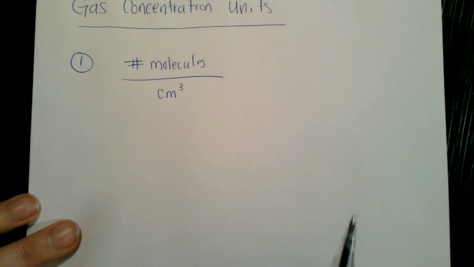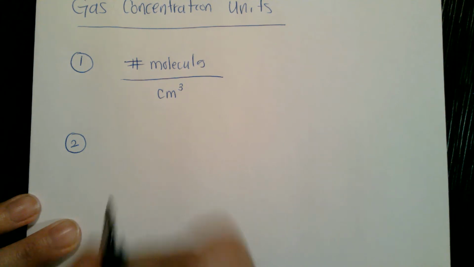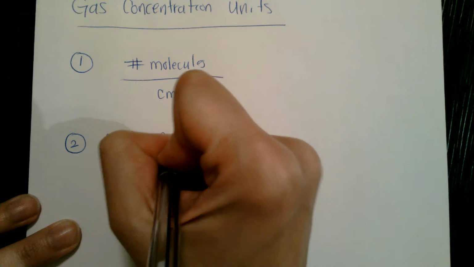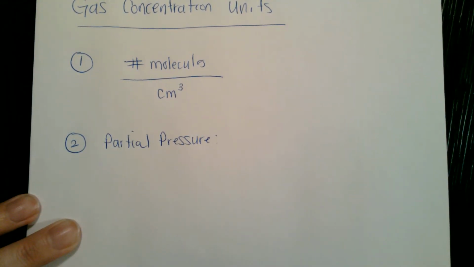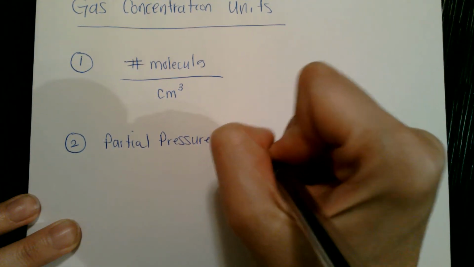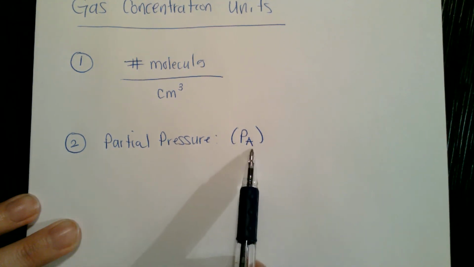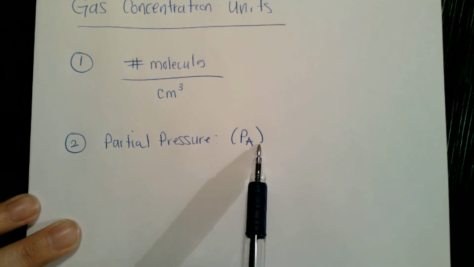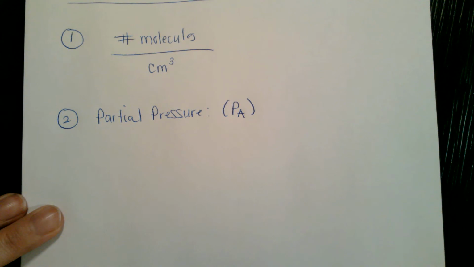Another one that's an absolute unit is partial pressure. We designate the partial pressure as P with a subscript like A, which designates the gas we have. So if this was ozone, this would be P with O3 as the subscript. Let's take a look at this.